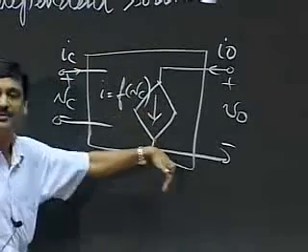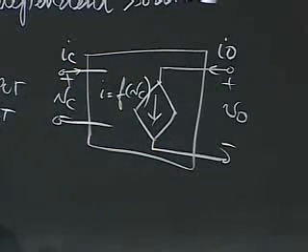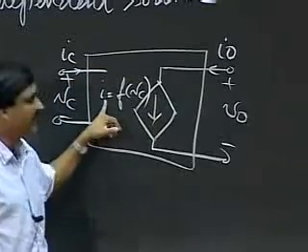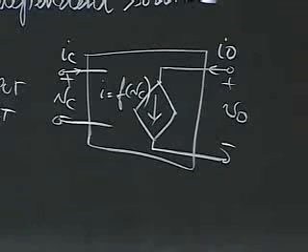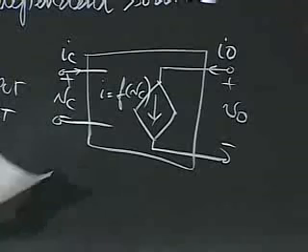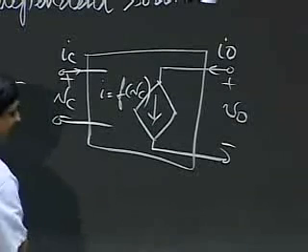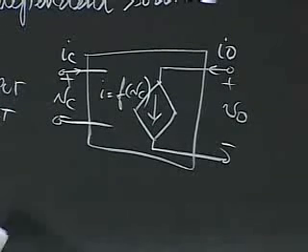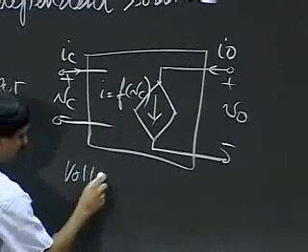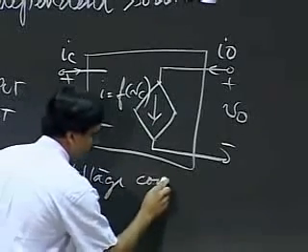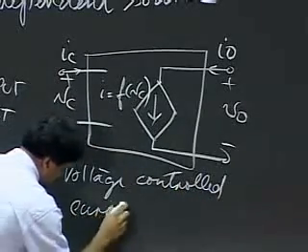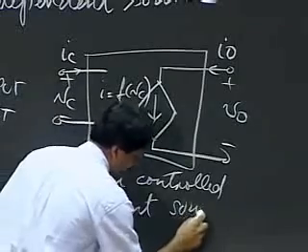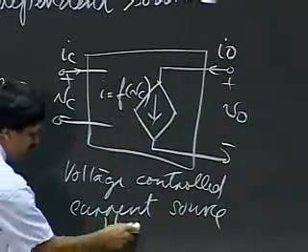Okay, so notice that the current through this current source, I, is some function of another variable. In this example, it's the voltage across its control port. Not surprisingly, this device is called a voltage-controlled current source, or a VCCS.